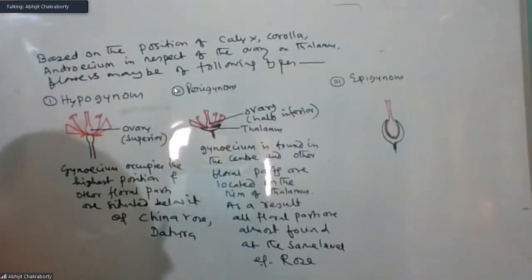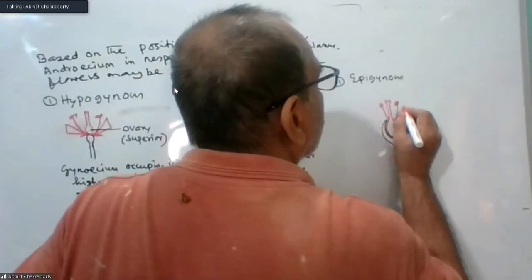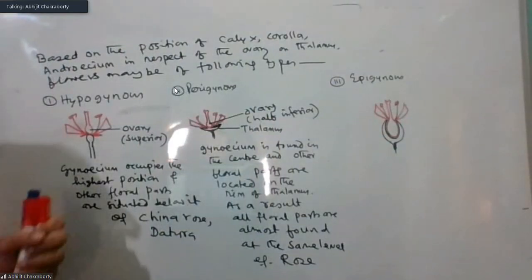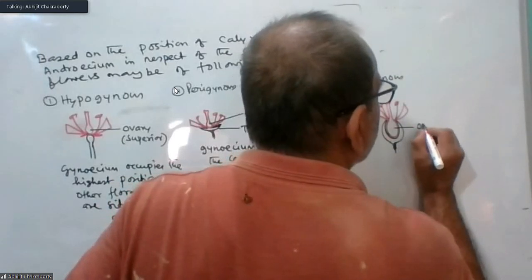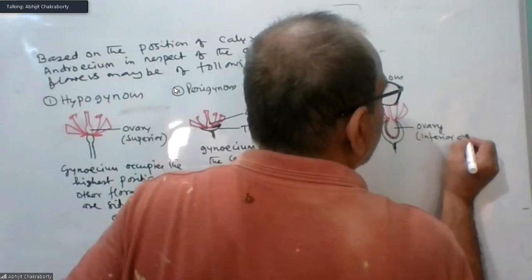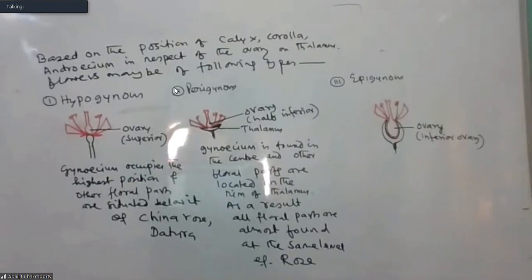And other floral parts are developed above the ovary. So such a type is called epigynous, and as the ovary is situated below the other floral parts, such an ovary is called an inferior ovary. Did you understand? Clear?